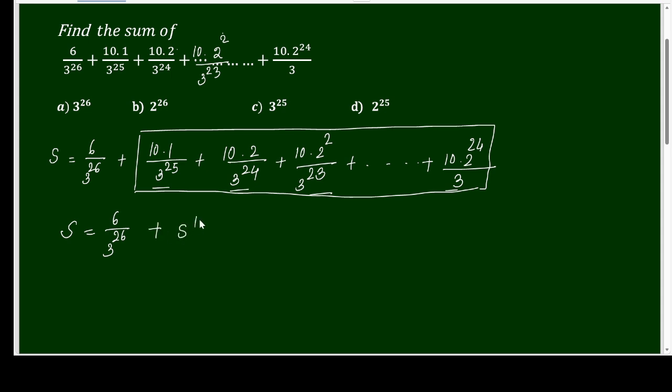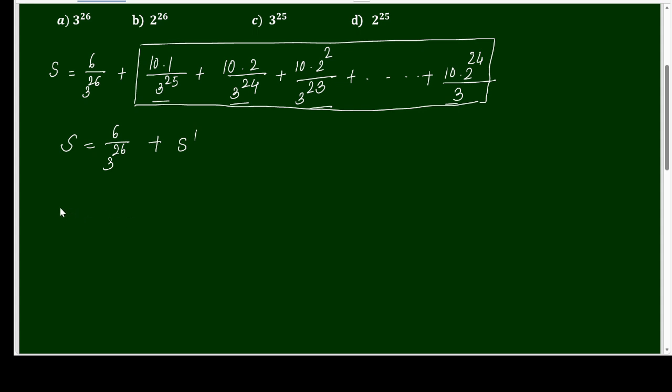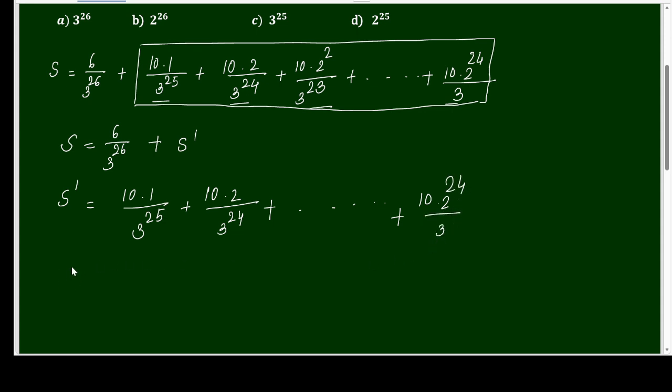And since it is a series, I can get the sum very easily. S dash equals, let us see what it is. This is 10 into 1 by 3 raised to the 25 plus 10 multiplied by 2 over 3 raised to the 24 plus so on. Last is 10 into 2 to the power 24 over 3. So I am taking 10 over 3 to the power 25 as common.